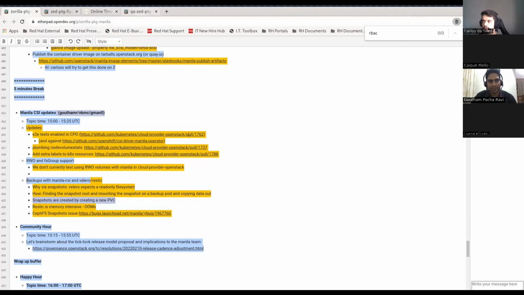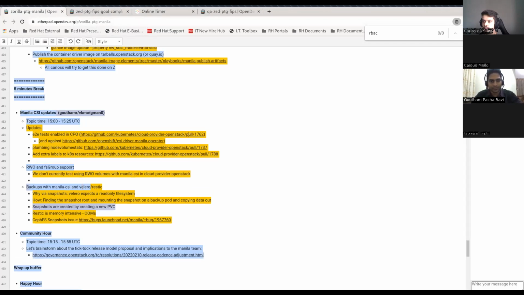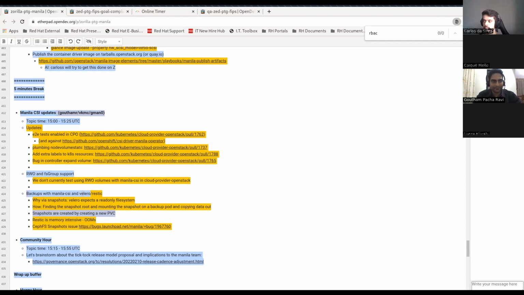Other than this, there was a bug in controller expand volume with the unit size it was using while expanding a volume. It was gigabytes. It should have been bytes. Sorry, GiB to make it easier.